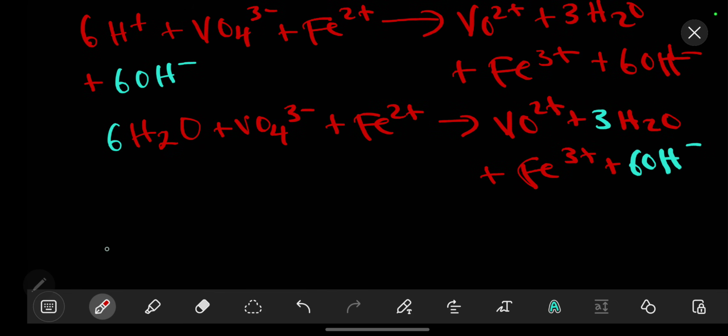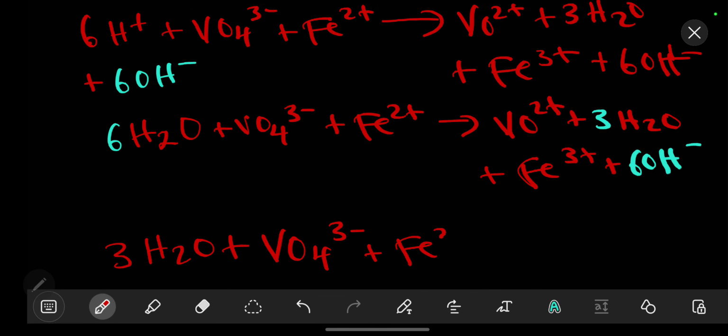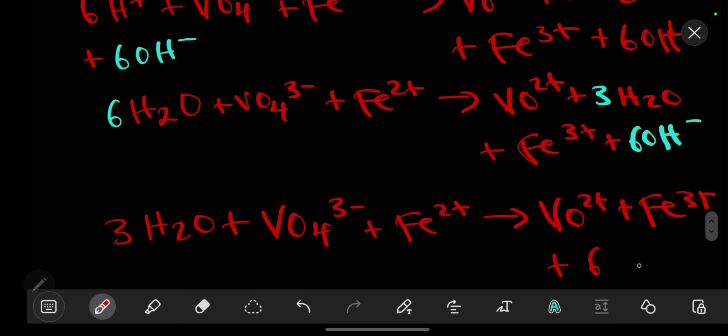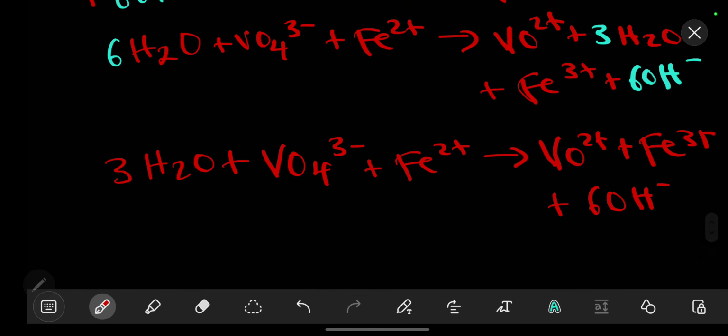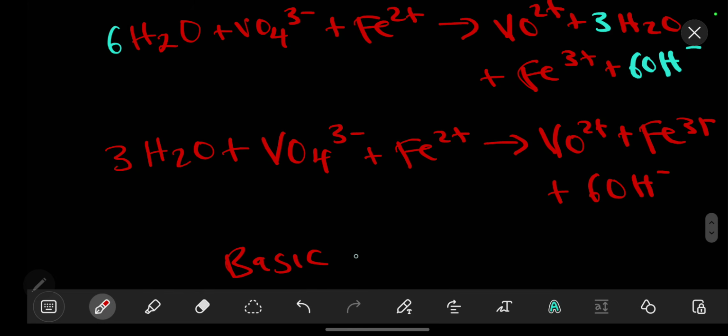So we have 3 moles of water plus our VO4 3 negative plus our Fe2 positive to become VO2 positive plus our Fe3 positive, then plus our 6 OH. The water on the product side was subtracted when it went there. So this is how we do it. This is balanced in basic media due to the presence of hydroxide.